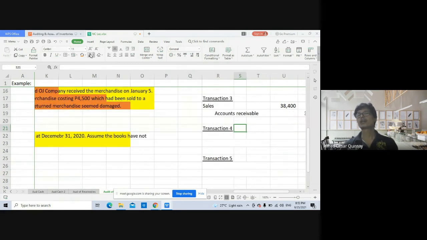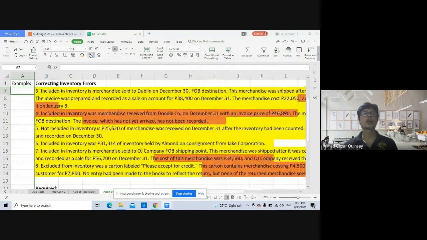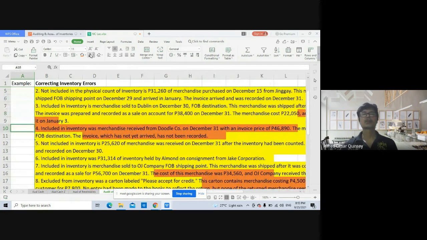Okay, so we take up number 4. This is another transaction, I believe the transaction with Doodle. So, included in inventory was merchandise received from Doodle. Okay, so we have read this a while ago, no? We are the buyer here with an invoice price of 46,890.